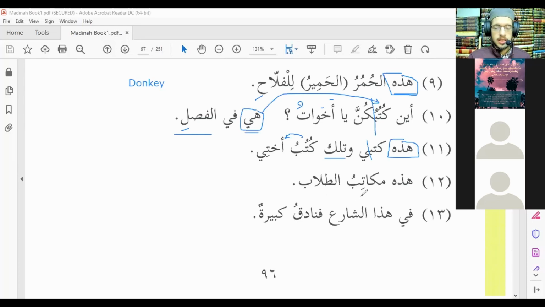Here, it could be table. These are the desks. Oh, sorry, did I say talibat? I don't know what I said. No, you said talibu. Okay, هذه مكتب الطالب. Yeah, talibu. This is mudaf ilayh, right? Oh, yeah, correct. Okay, sorry about that.